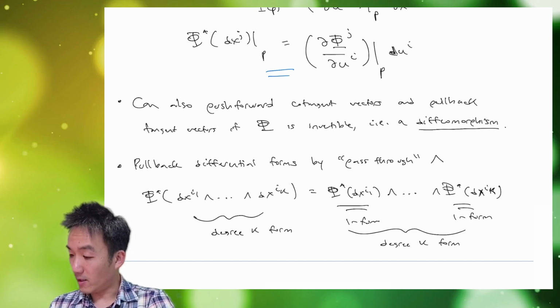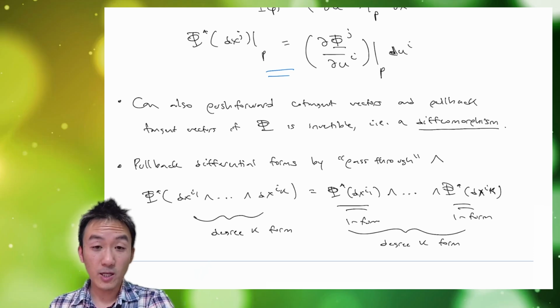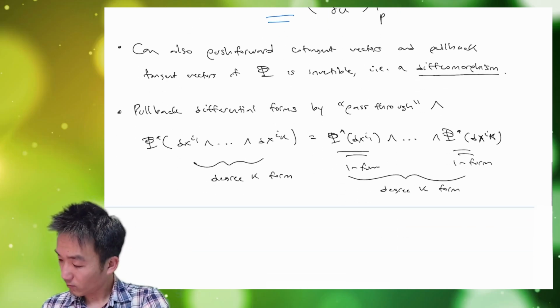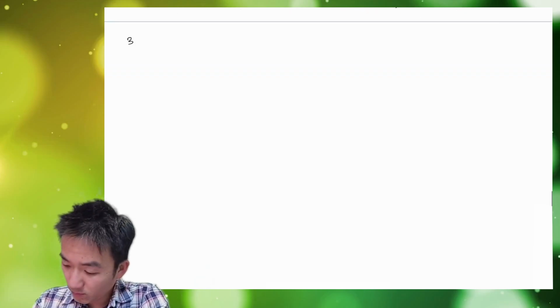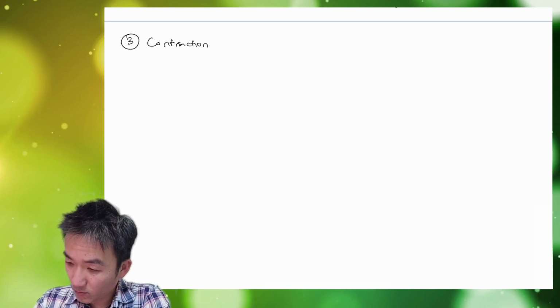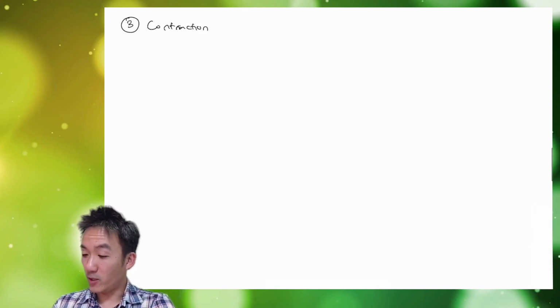Okay, and the next piece of background information or basic construction information that we need is something called the contraction operator. Okay, so let's do another bit of review.